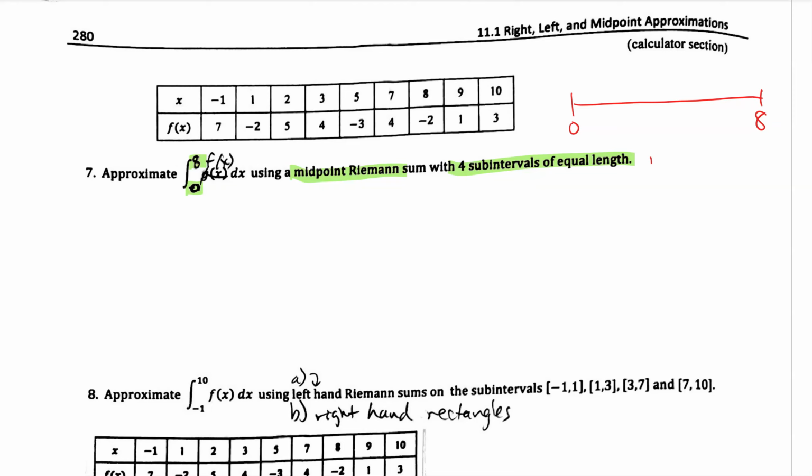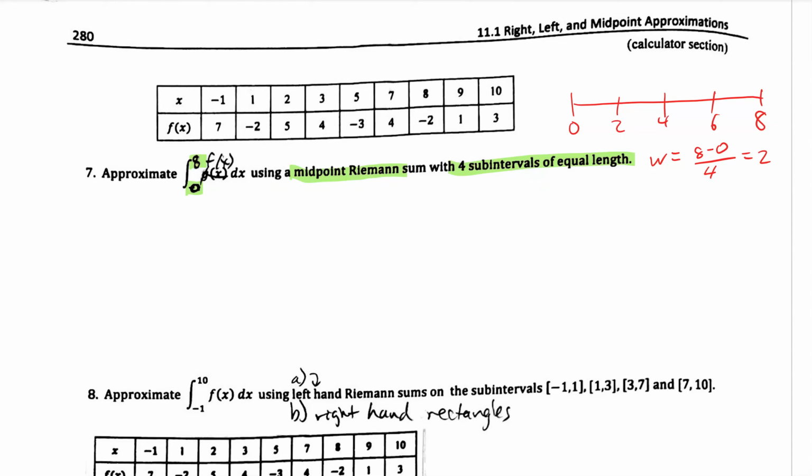Now we know, using our old routine, 8 minus 0, that's the entire interval width, and then divide by 4 subintervals, that's going to get us a width of 2 for the subintervals. So that would be 4, that would be 2, that would be 6.